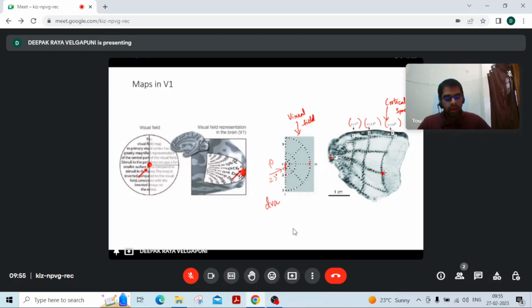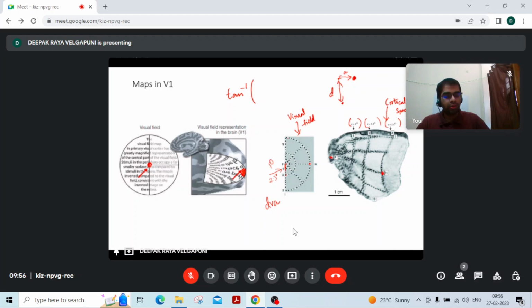We measure this because degrees of visual angle also consider your distance from the object. This particular metric is actually a tan inverse. For example, you are fixating here, the object is here, and you are here, with this distance d and this distance a. You can measure in distance also, but that doesn't account for how far you are from the object.